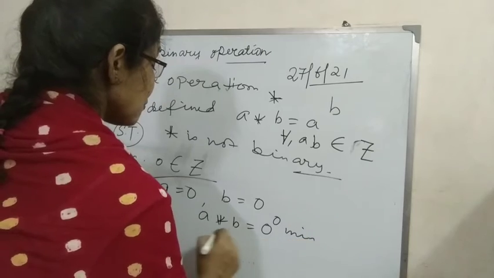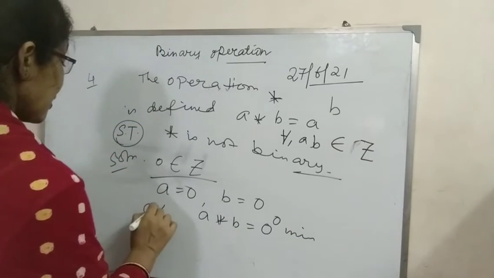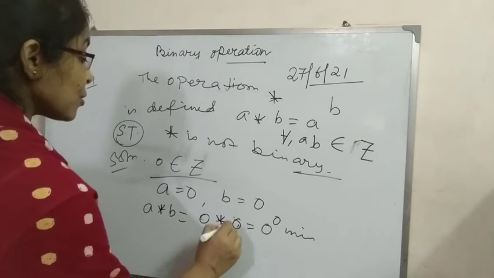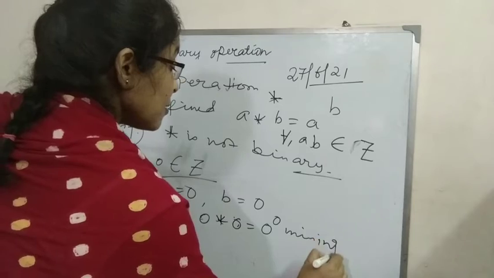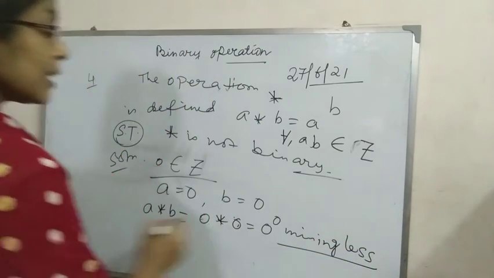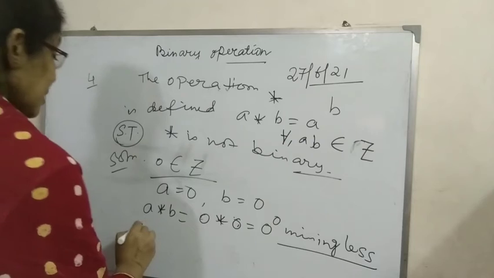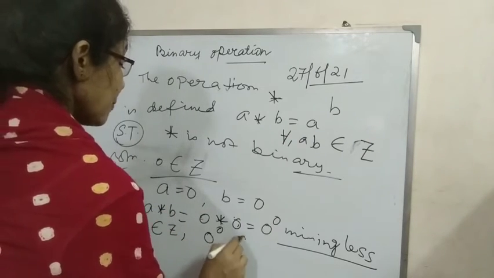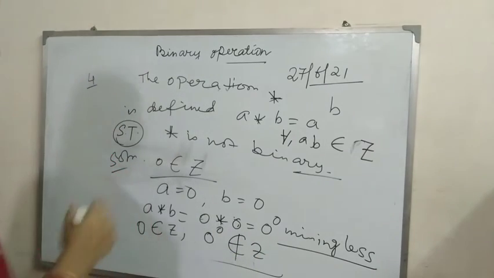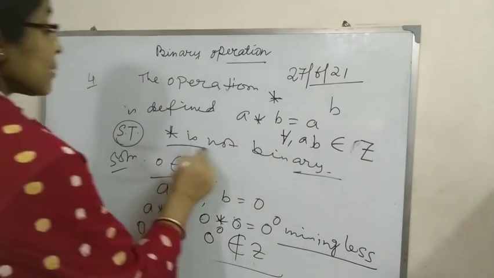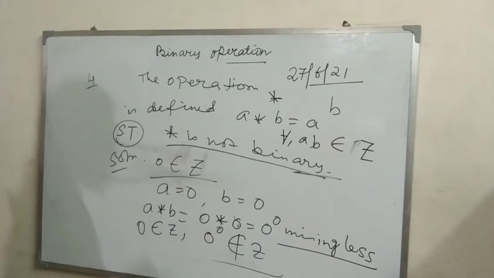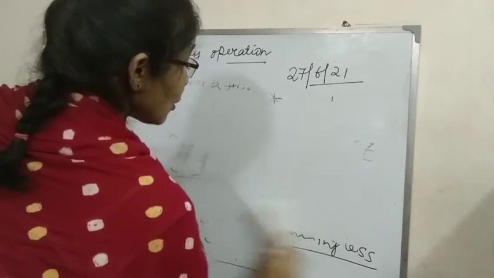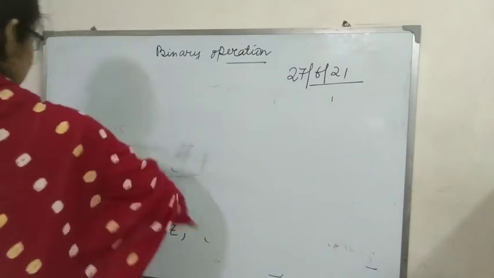This is meaningless. Here 0 belongs to Z, but 0 to the power 0 does not belong to Z. So the operation is not binary, although 0 belongs to Z.